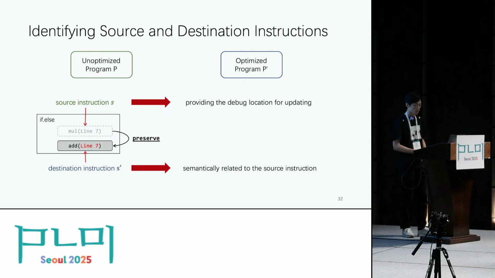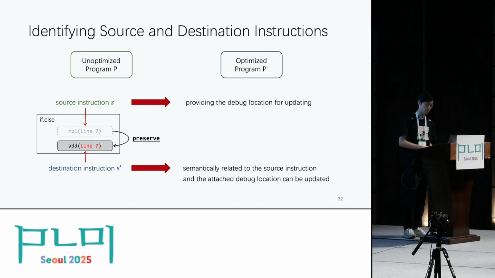For example, the destination instruction is a replacement of the source instruction in this case. Meanwhile, the destination instruction is the instruction whose debug location should be updated. In this example, the destination instruction is a newly created instruction with an empty debug location, so when it is inserted into the IR program, it can be assigned a new debug location.